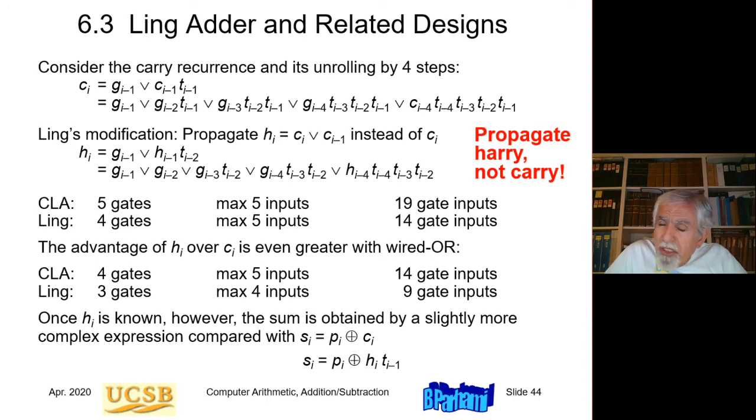So carry-lookahead addition needs 4 gates, maximum 5 inputs, of total of 14 gate inputs. So the 14 are a 5-input gate, a 4-input gate, a 3-input gate, and a 2-input gate. The OR doesn't count because it's wired OR. Okay, in the Ling version, you have a 4-input gate, a 3-input gate, a 2-input gate. So 9 gate inputs versus 14, which is a significant savings.